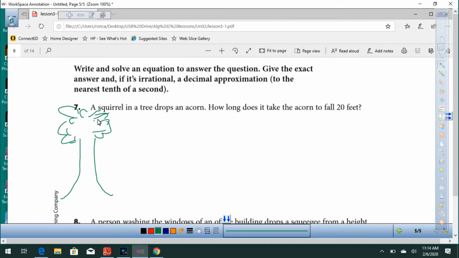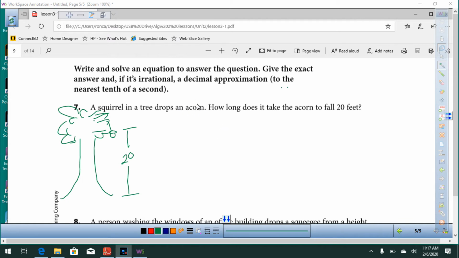All right, so we're going to say that from here to the ground, that is 20 feet. Okay, and there's a little acorn. That seems to be a big acorn, and it's going to fall 20 feet. How long does it take the acorn to fall 20 feet?